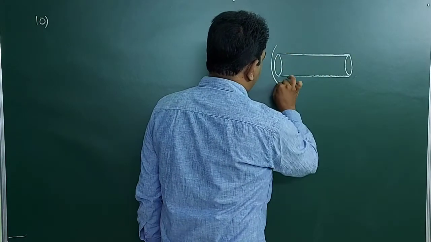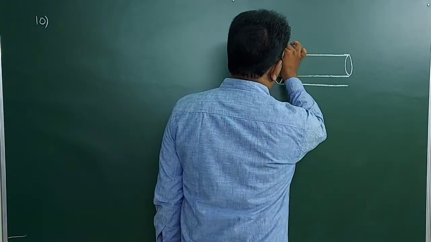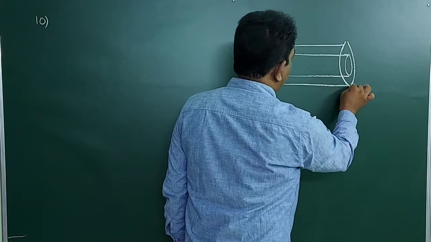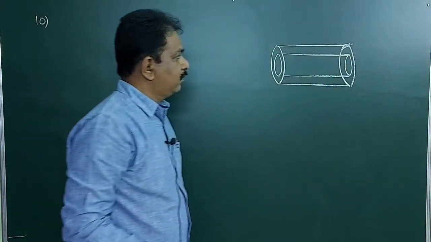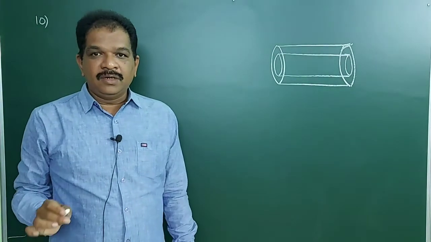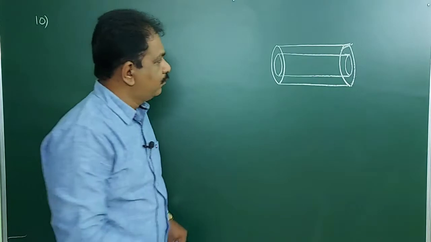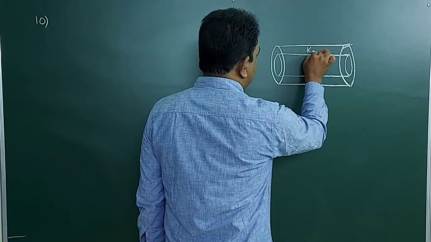It is surrounded with another cylinder having inner radius R and outer radius 2R, made with a material having thermal conductivity K2. So, inner cylinder is solid, outer cylinder is hollow.